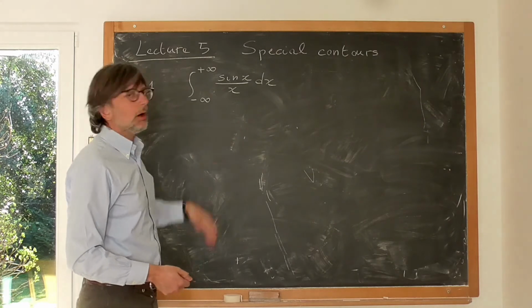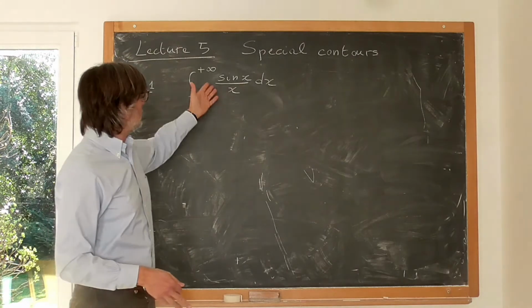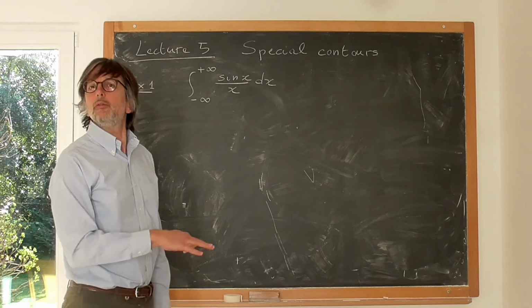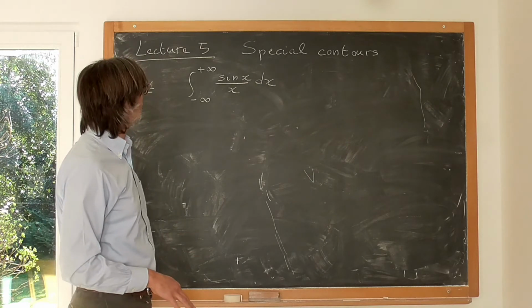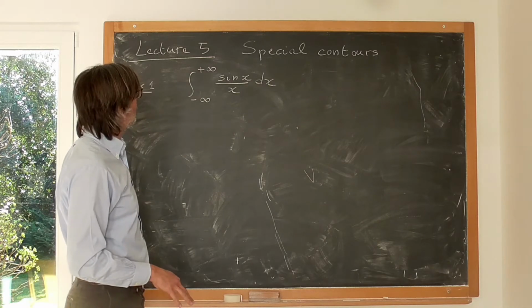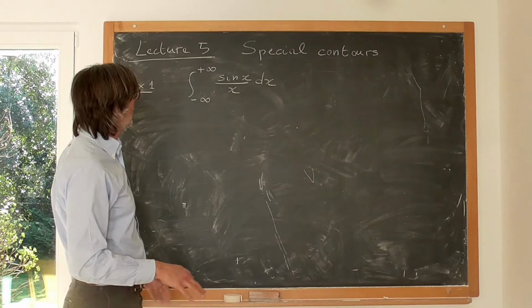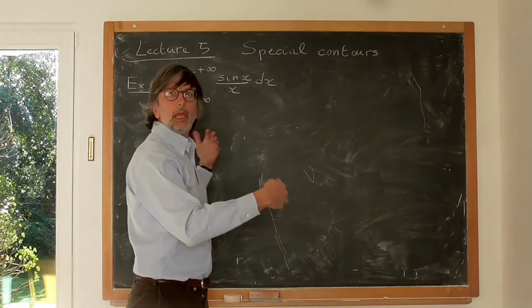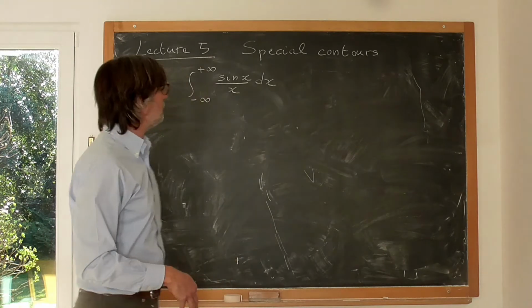So in particular, on the real line, this function extends to a continuous, even a smooth function, also at 0. So the question of the existence of this improper integral concerns only the behavior of this function at plus and minus infinity.